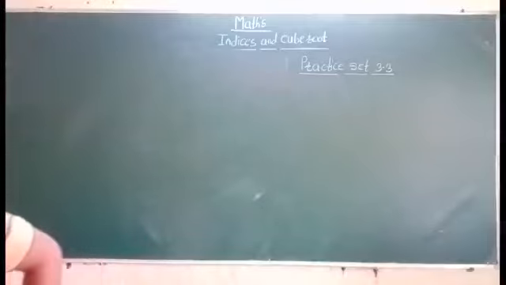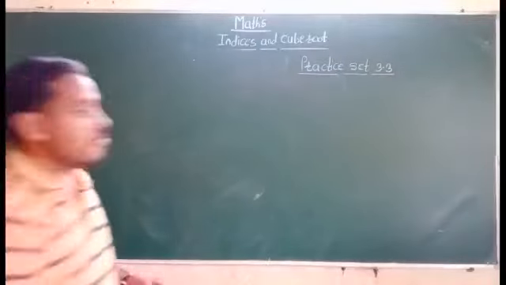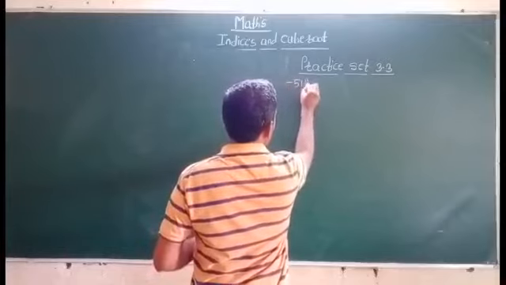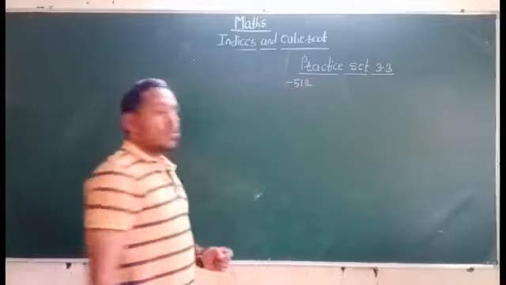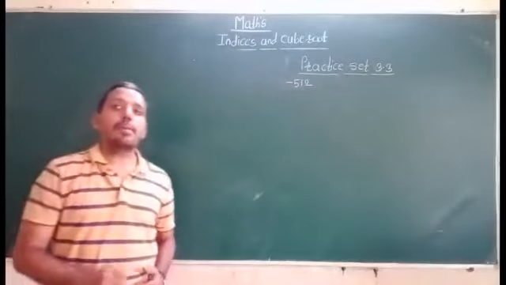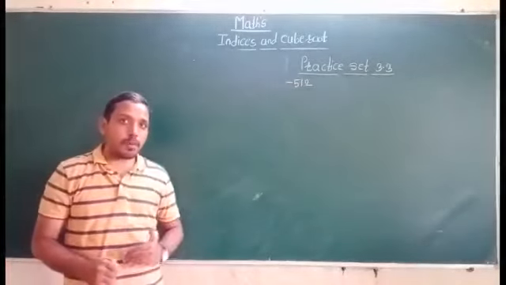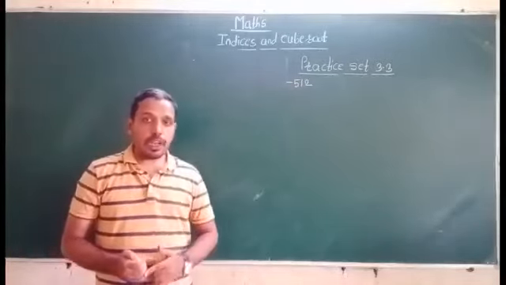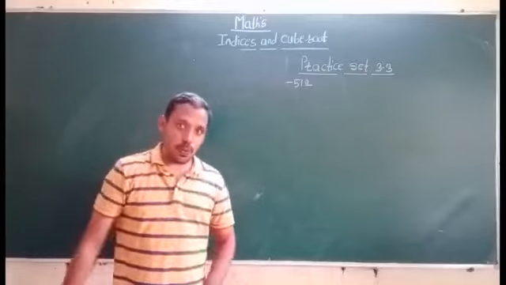The next example in our exercise is minus 512. To find the cube root of minus 512, remember: the cube of a positive number is positive. The cube of a negative number is always negative.